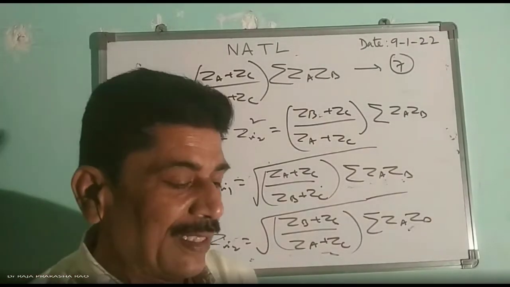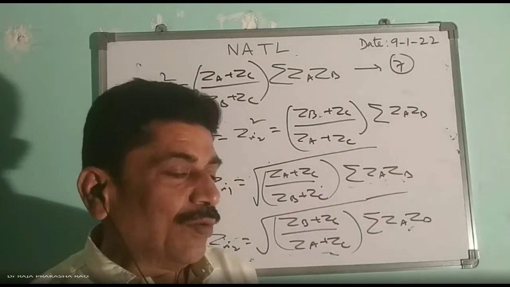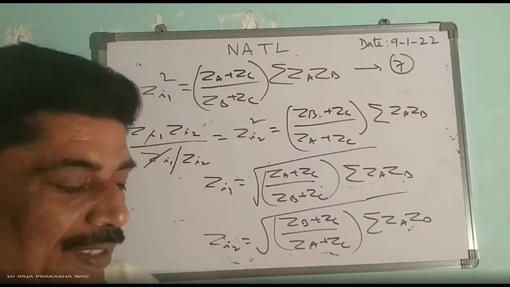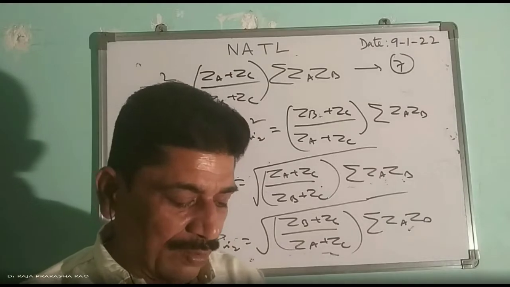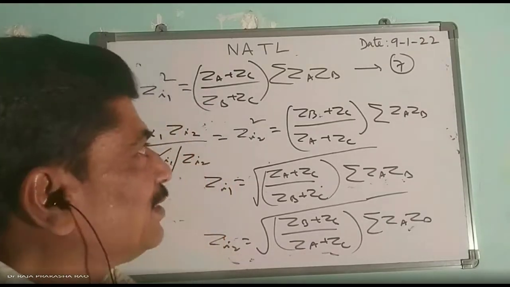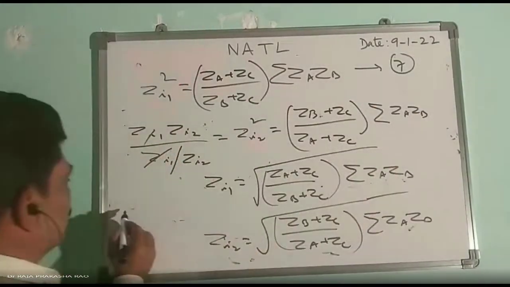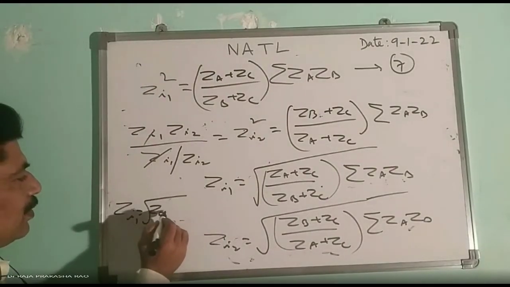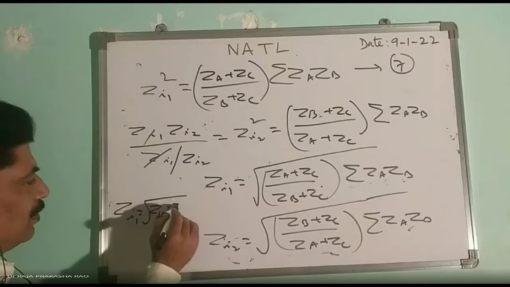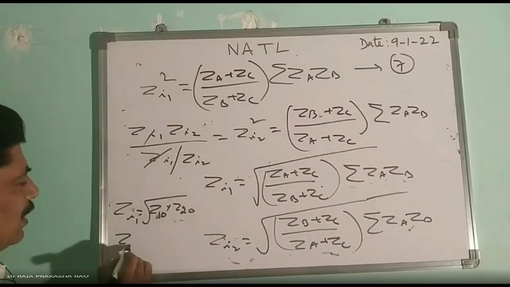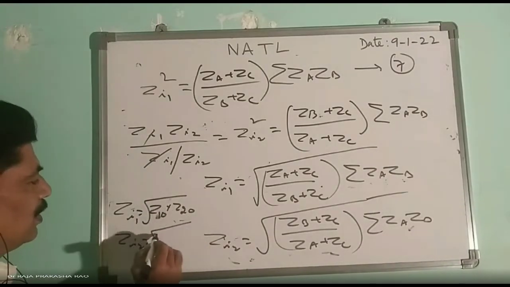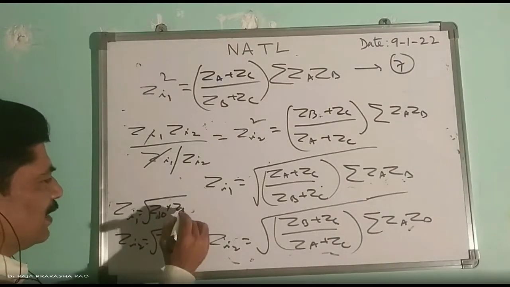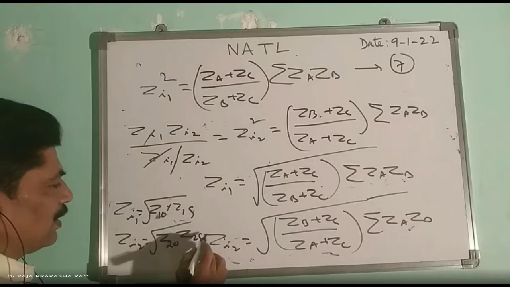Another method is also there. By finding the open circuit impedance and short circuit impedance, we can find out Zi1 and Zi2. In the earlier class, I explained that: Zi1 is equal to the square root of Z10 into Z1s, and Zi2 is equal to the square root of Z20 into Z2s.